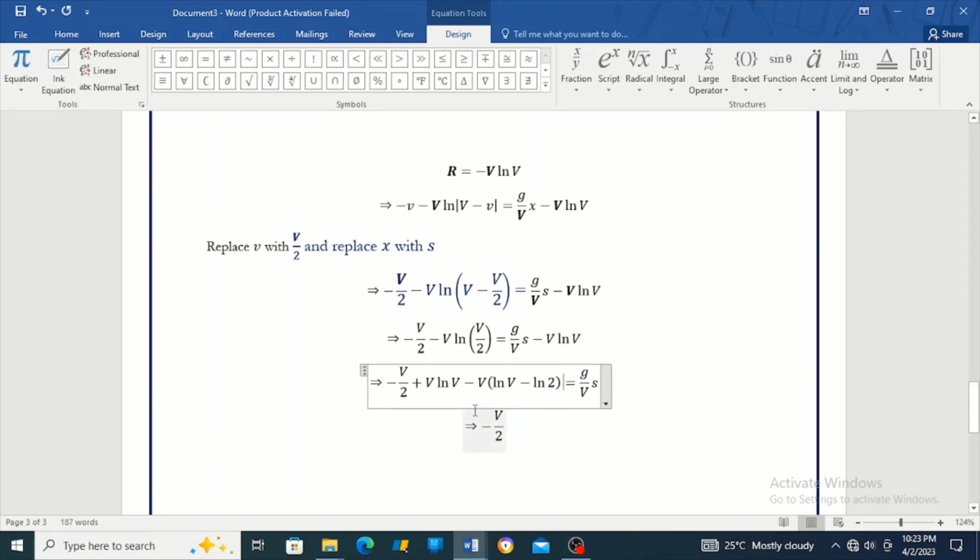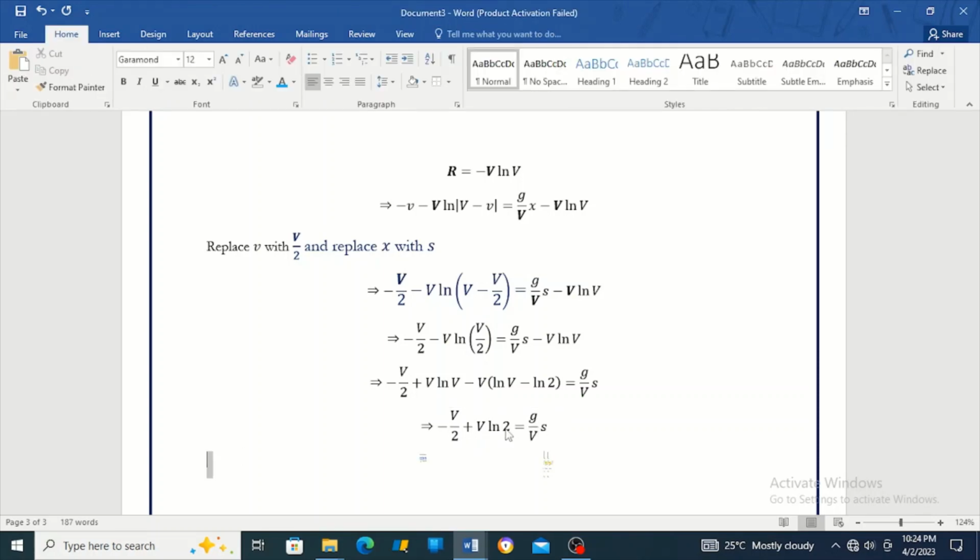Now we have V ln V minus V ln V, that is 0, and we have minus times plus ln 2 is ln 2. But there's a V multiplying it, so here is plus V times ln 2 to be equal to g divided by V times s.